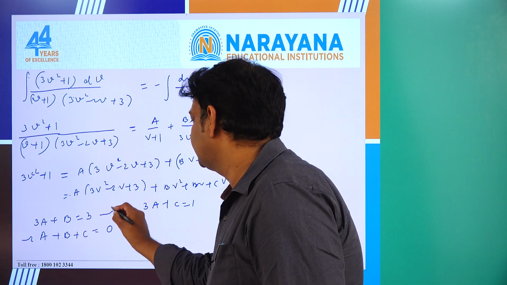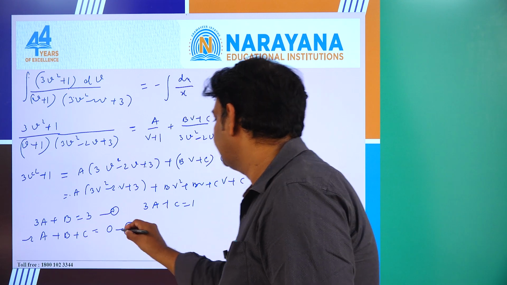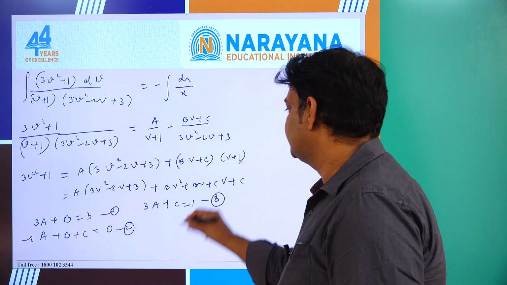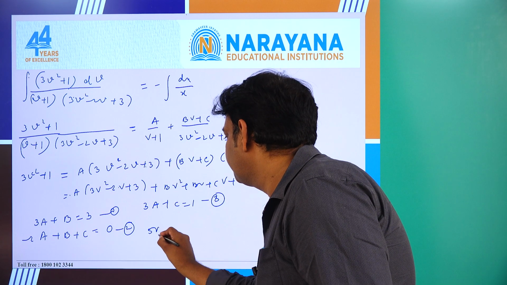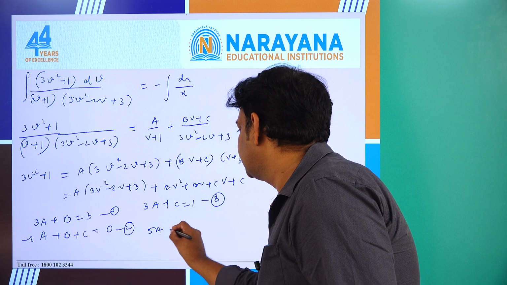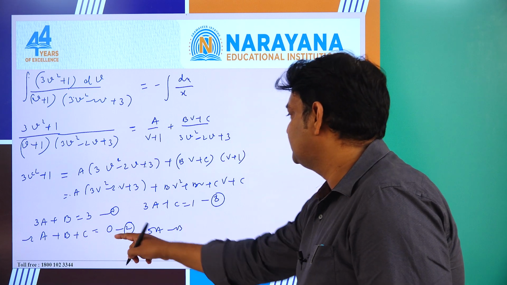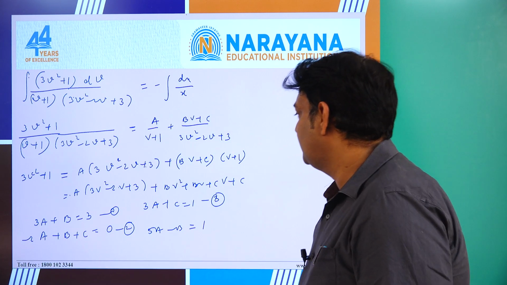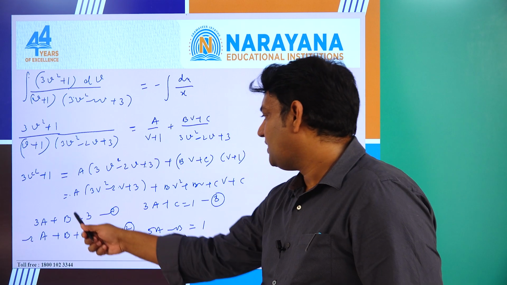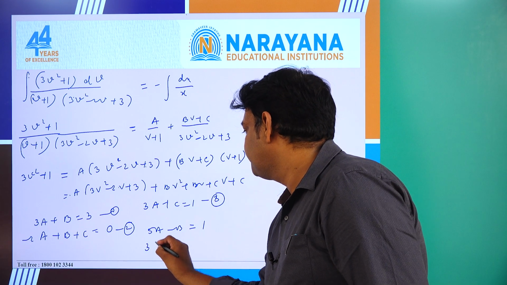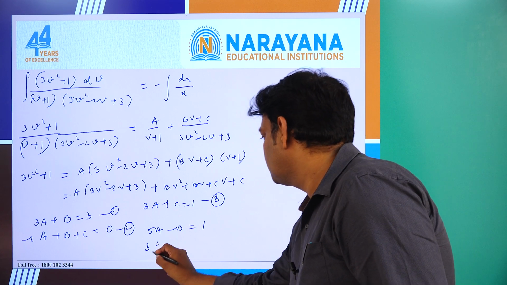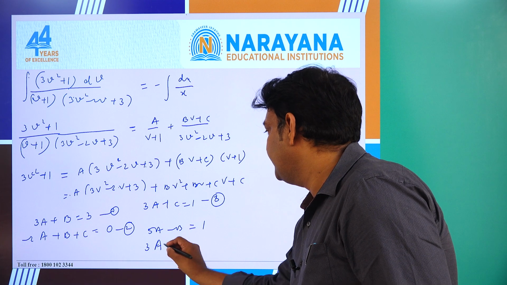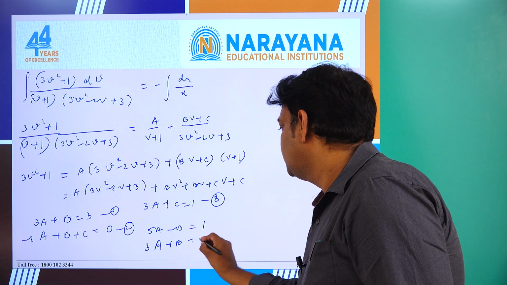This is first equation, this is second equation, this is third equation. Subtract 3 plus 2, 5a minus b, c cancel, is equal to 1. And we have 3a plus b, how much? 3.